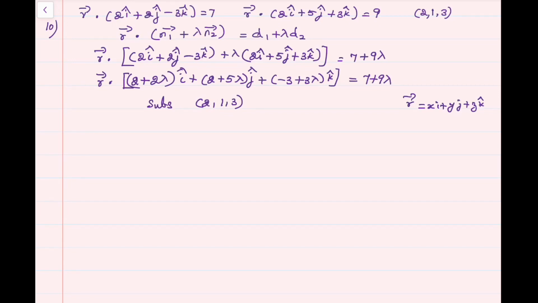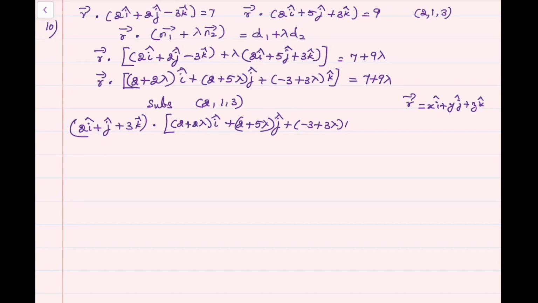So we have to substitute for vector r, 2i plus 1j plus 3k dot 2 plus 2 lambda i plus 2 plus 5 lambda j and minus 3 plus 3 lambda k is equal to 7 plus 9 lambda.